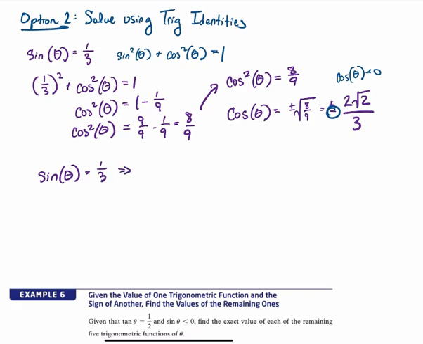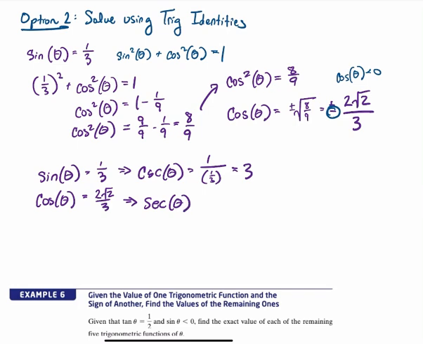So I know the cosecant of theta is 1 over the sine of theta, 1 over 1/3, which gives us positive 3. The cosine we just found as negative 2 root 2 over 3. So we know that the secant is the reciprocal of this, so let's flip that around.